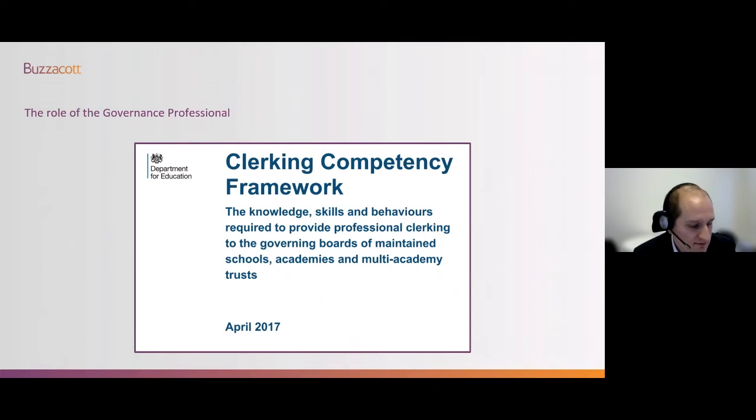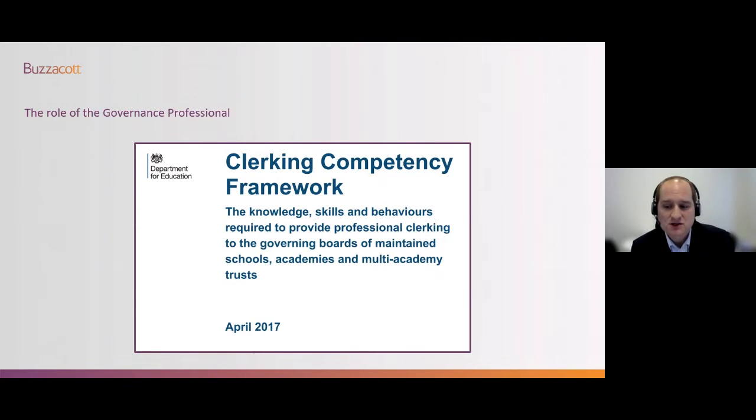And the role of the governance professional is set out. There's a clerk competency framework, which I've got a screenshot of there on the screen, and they can really support the chair and the chairs of the subcommittees in making sure that the right information and papers go to the committee, and that the right business is dealt with in line with best governance practices across the board and the various subcommittees.